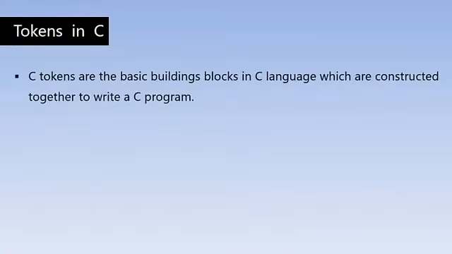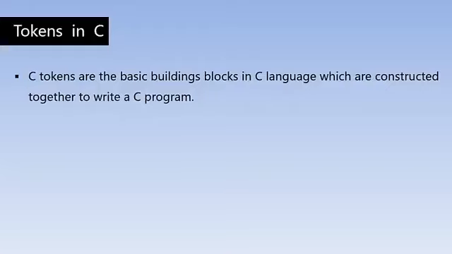Now let's get into a very important concept in C, that is tokens. You must all understand tokens first. This is a very important topic in the C language. C tokens are the basic building blocks in C language which are put together to write a C program. Before you write a program in C, you must understand the vocabulary of C language.